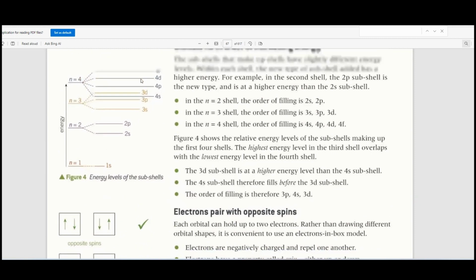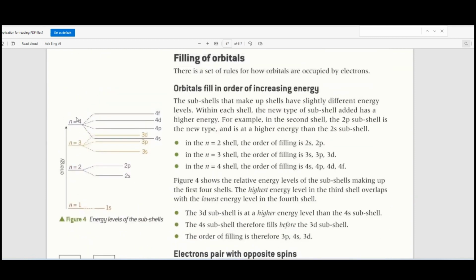But what I know is that 4 actually depicts the energy level of this whole shell. So 4s, it seems, should be at a higher energy level than anything from energy level 3 or shell 3. But they say 4s overlaps 3D. When they say overlap, it may be that both of them have almost the same energy, because 3D is very close to 4s. They did not say that 3D has greater energy than 4s.